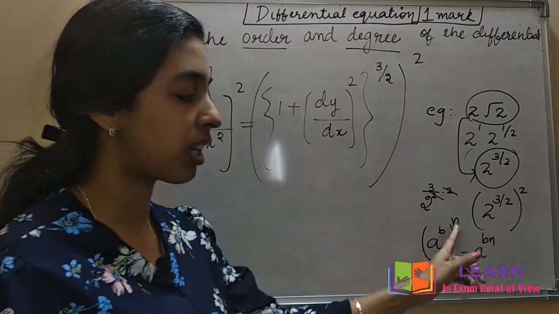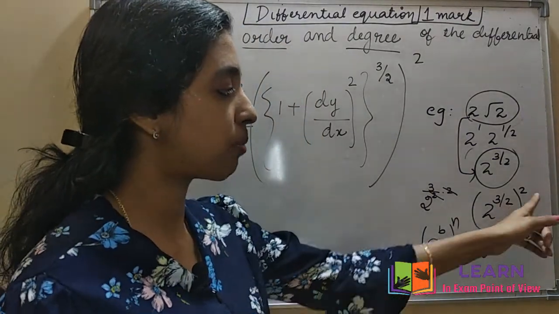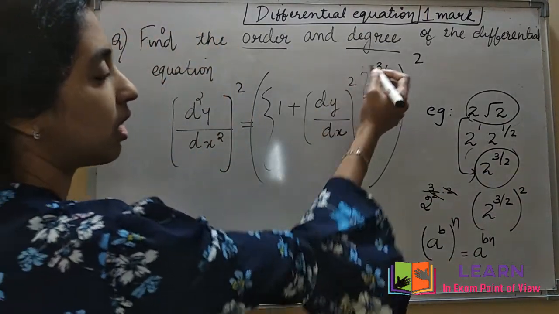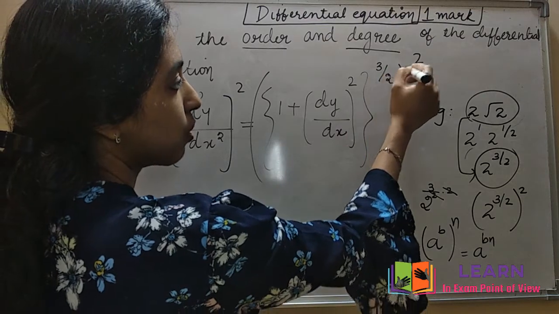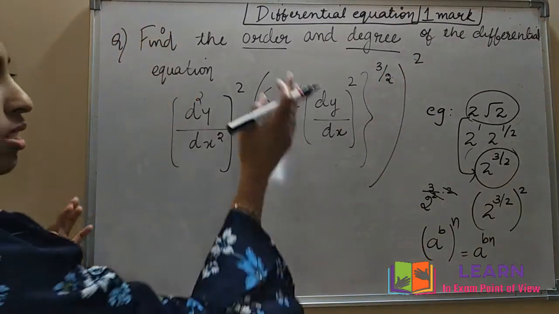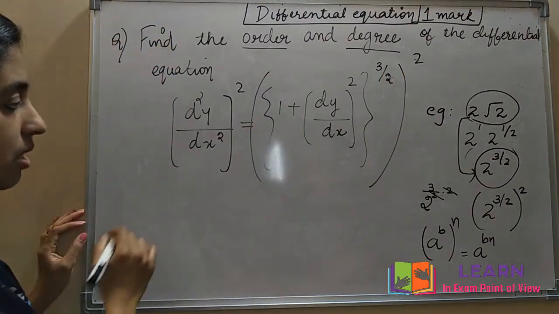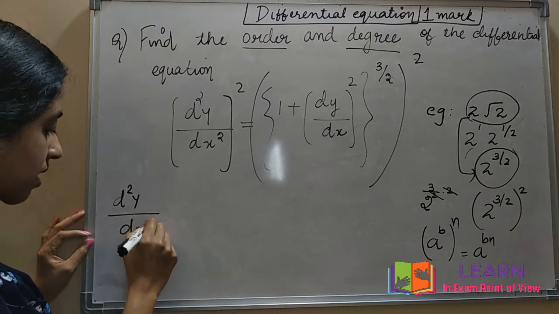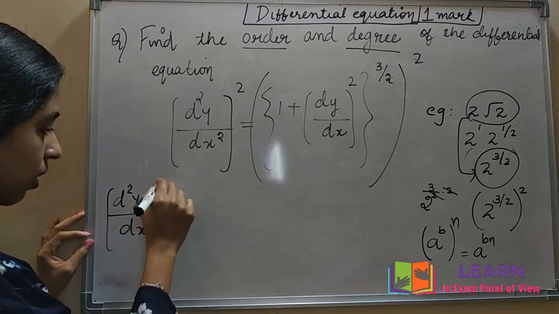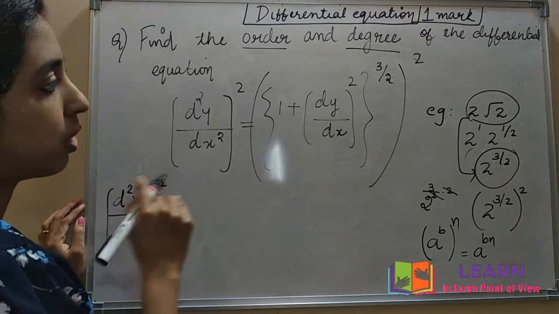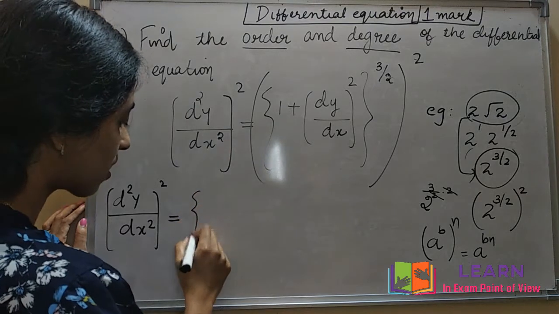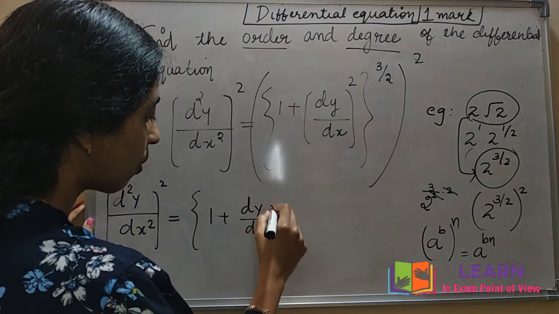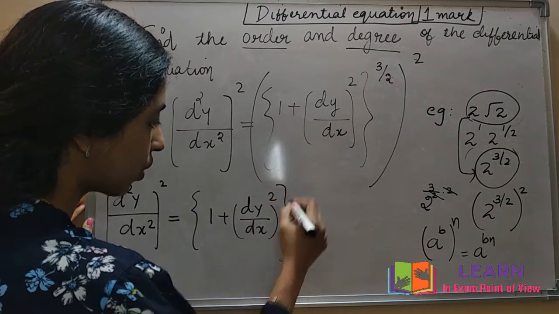We will multiply these. Similarly, 3 by 2 into 2 we will get 2 cube. Similarly here, 3 by 2 into 2, the 2 will get cancelled. What remains? Cube remains. Here square remains. So we have d square y by dx square the whole square equal to, the cube remains, that is 1 plus dy by dx whole square, cube.